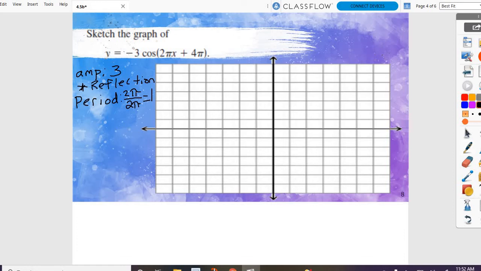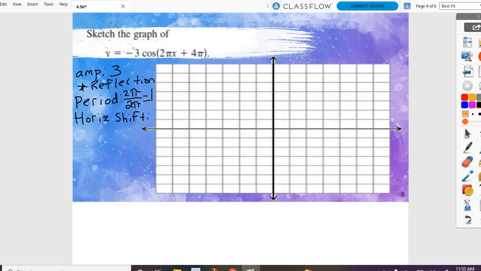So then next, do we have a horizontal shift? Yes, 4 pi. Be careful. Because your C value, yes, is the 4 pi part. However, our shift is not just the C value.